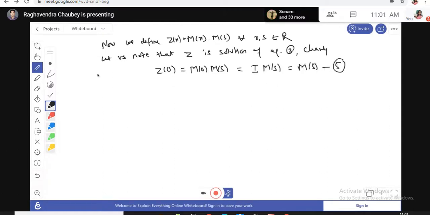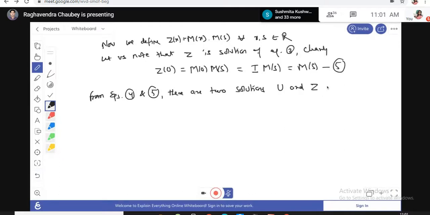Okay, so from equations 4 and 5, you see that there are two solutions of equation 3, one is u and another is z, and those two are the same.